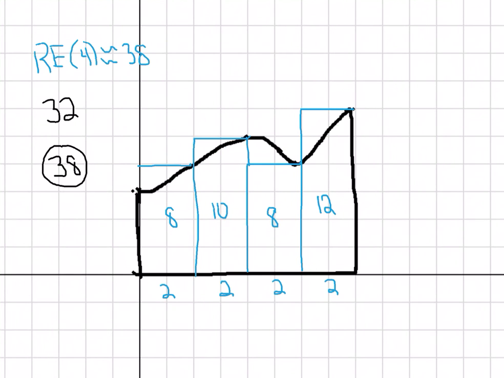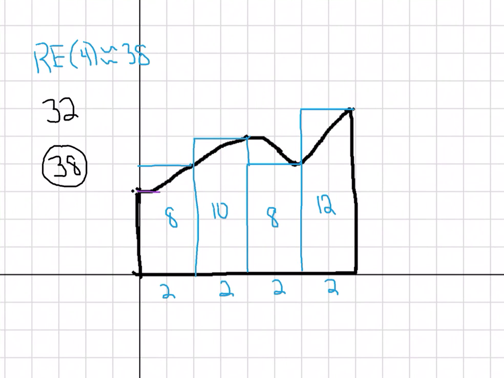What we're going to try to show you here is the more times I split this up into more subintervals, and then I compare, I'm going to get closer and closer to the actual value of the area underneath this curve. So if I were to split this up into 8 subintervals, all right? So I'll just show you real quick.